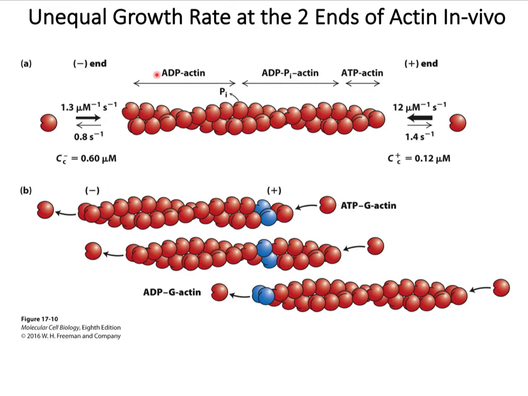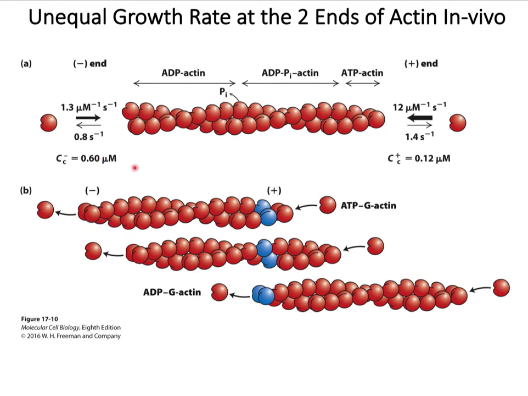As the rate of addition is much slower and the rate of dissociation is closer to the rate of addition, right here, 0.8 to 1.4, the critical concentration, which is the Cc minus, is 0.8 over 1.3, which is approximately 0.6 micromolar. So what does that mean?